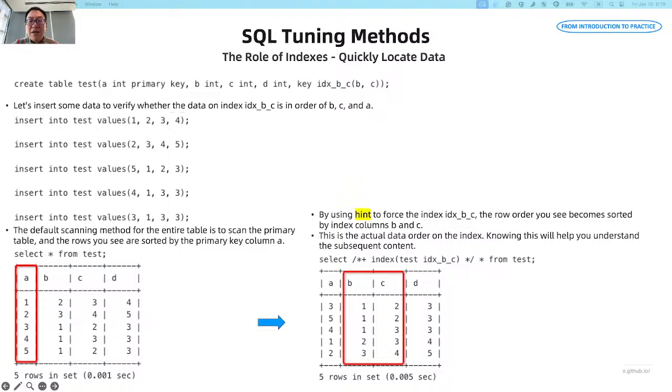We can see that the data in the main table is ordered according to the primary key, column A. However, if a hint is used to force select all to go through the index table, you can see that the data on the index is ordered according to columns B and C. In fact, it's ordered according to 3 columns, B, C, and A.